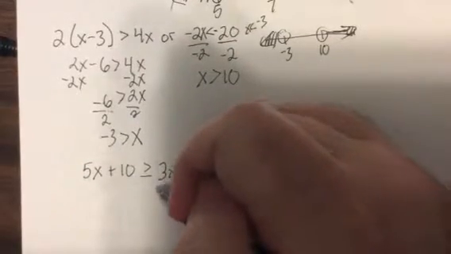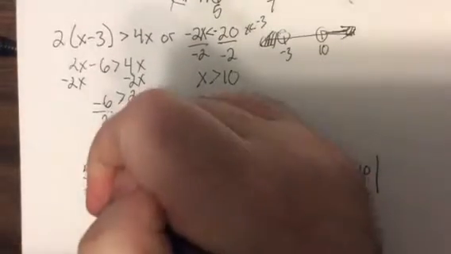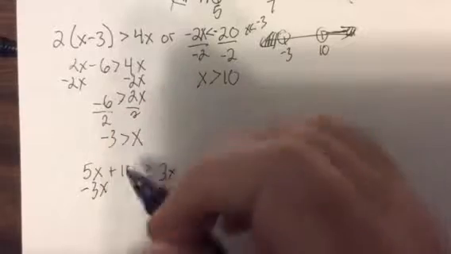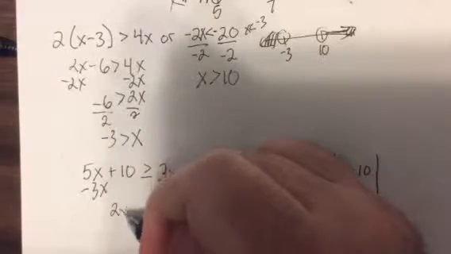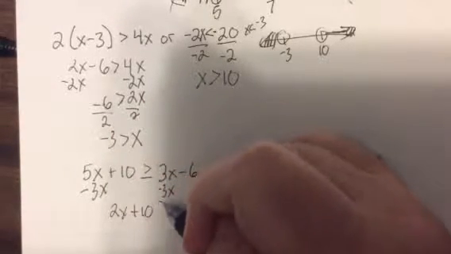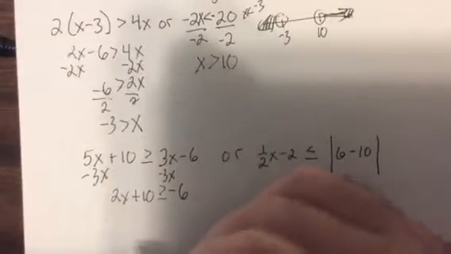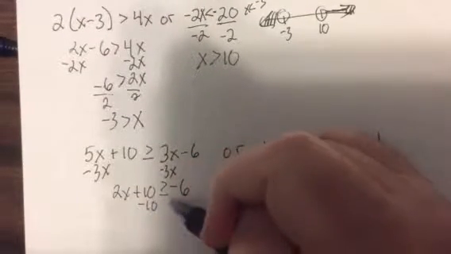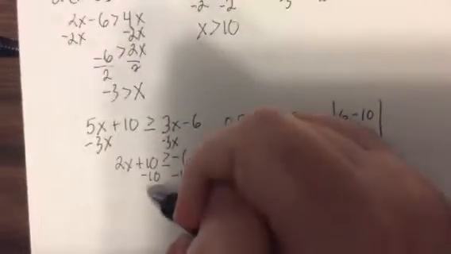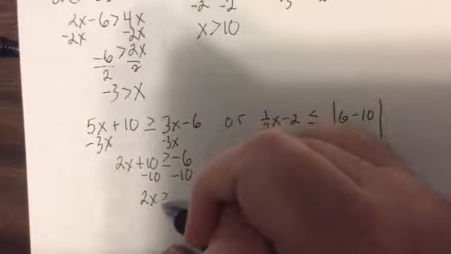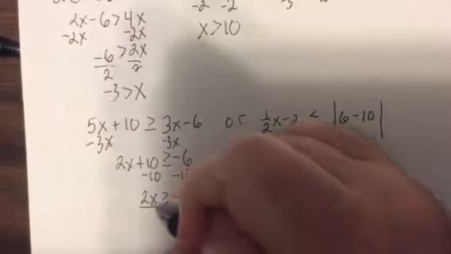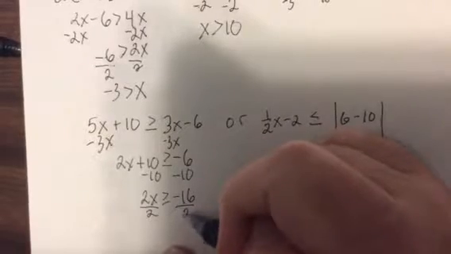Okay, here, I'm going to subtract 3x to get all the x's to one side. So it's 2x plus 10 is greater than or equal to negative 6. Then subtract 10. So 2x is greater than or equal to negative 16. Then divide by 2.